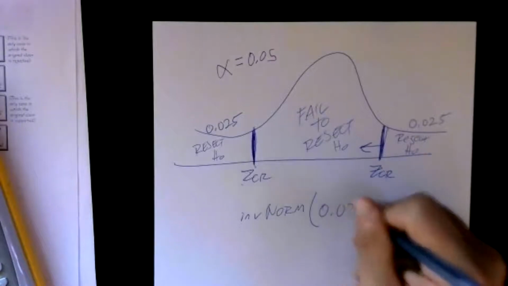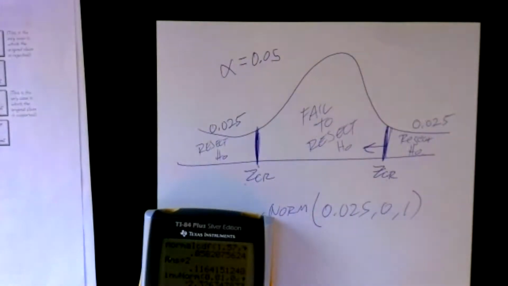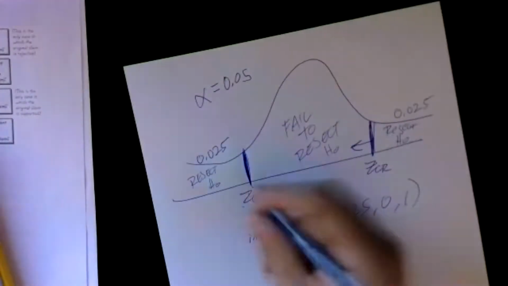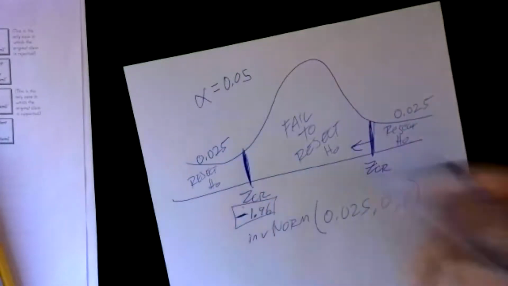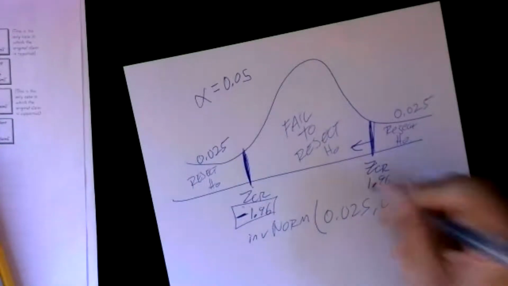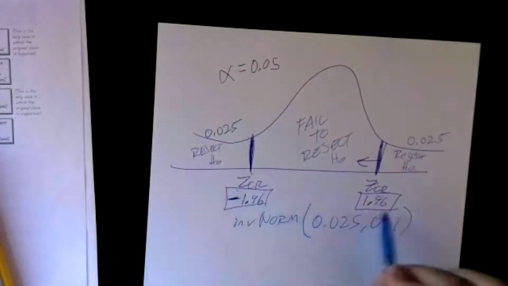So we'll use 0.025, comma 0, comma 1. Negative 1.96. And that's a number that should sound very familiar from confidence intervals. Negative on the left, positive on the right. These are the Z critical values.